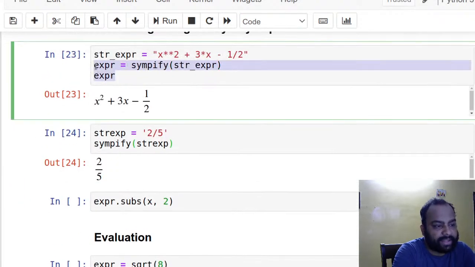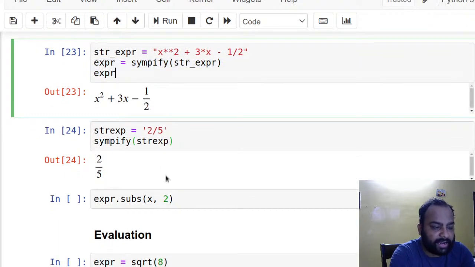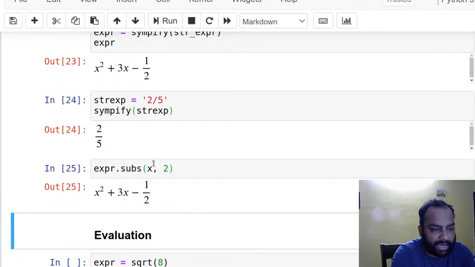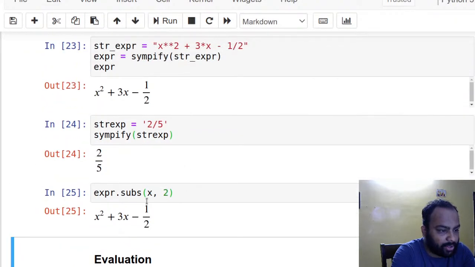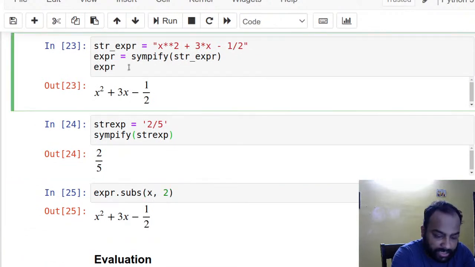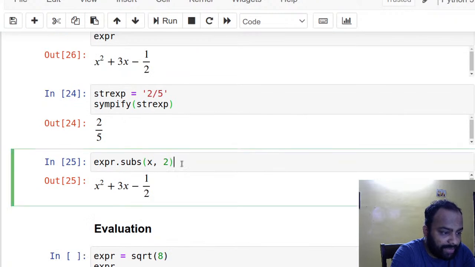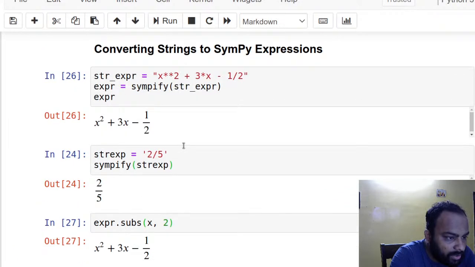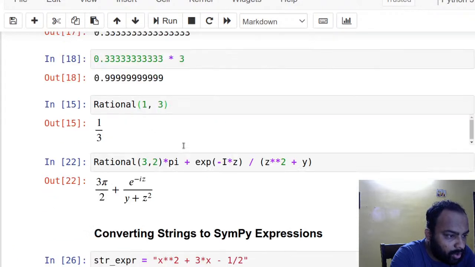And when it becomes a symbolic expression, I can evaluate it at a certain point. So for example, if I want to evaluate this expression at x equal to 2, I can always call the subs method and evaluate this. So hold on a second. So this was the expression, and if I want to evaluate this at a point, I can do this. But unfortunately, this x was no longer a variable, right?